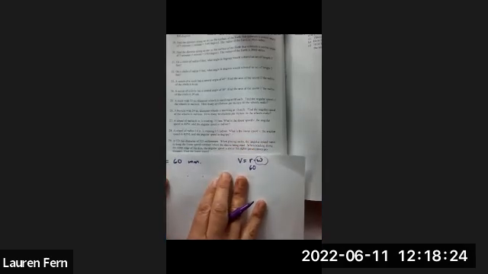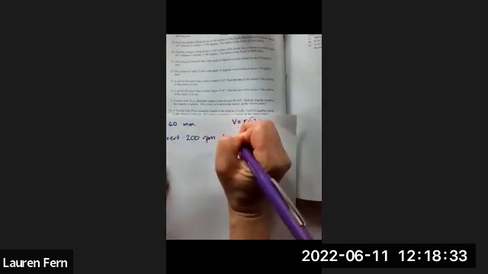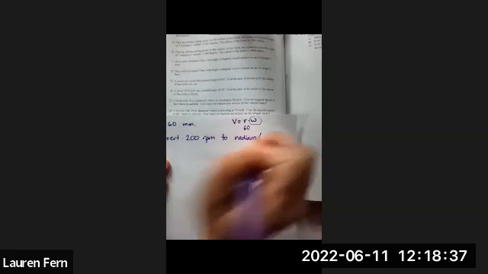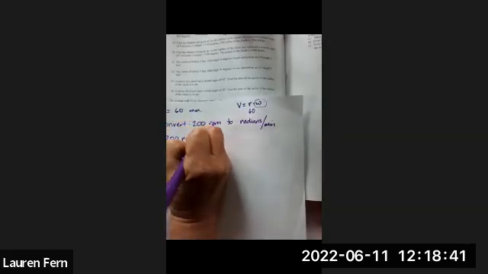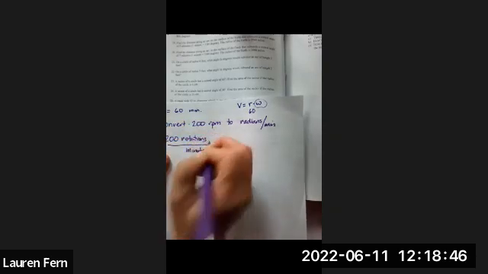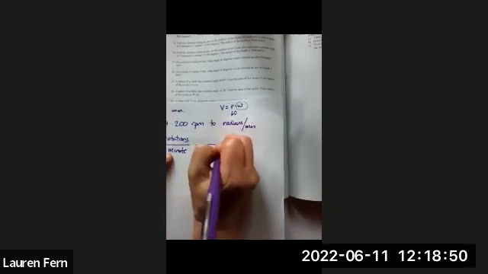So the first thing we need to do is convert 200 RPM to radians per minute. Well, 200 rotations per minute. We like the minute. We want to get rid of the rotations.